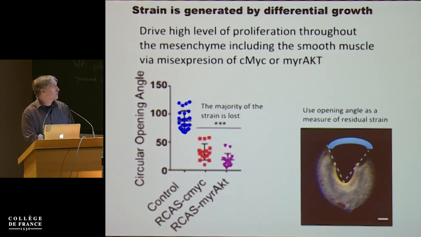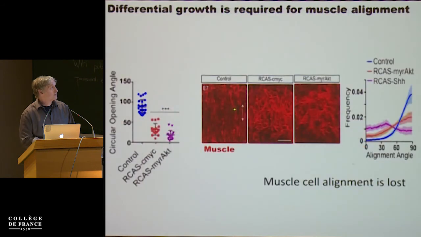This is the normal strain, and this is the degree to which this pops open relative to the degree that it pops open in the wild type. And the result is that if the strain isn't there, the cells orient in random orientations. That's shown in pictures and also quantified here. Now, of course, you could argue in this experiment that the reason these cells are randomized is not because of strain, but because you're misexpressing Myc, and Myc has some other effect on the cells.